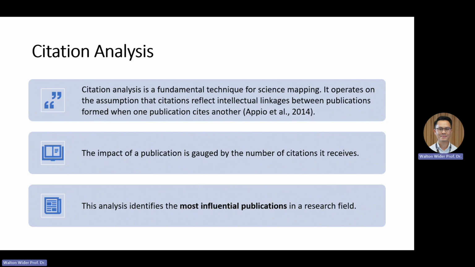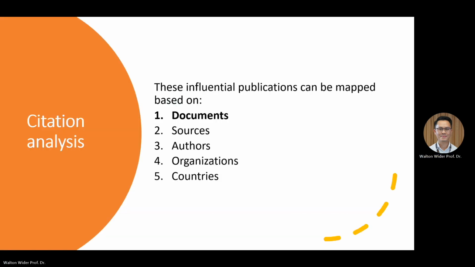So citation analysis can help us to map the intellectual landscape of the field, revealing which publications are cornerstones and how they interconnect to form the broader structure of scientific knowledge. So there are several ways we can map this in citation analysis.